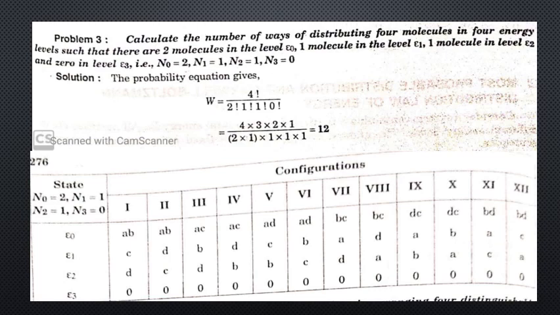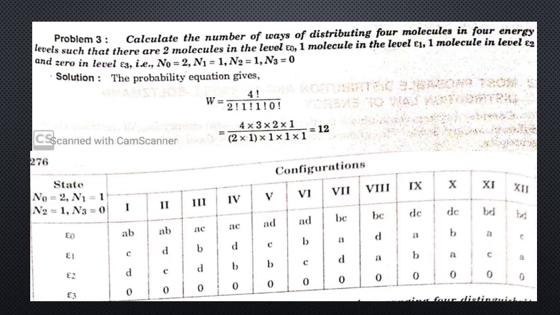We can solve this problem similarly to the previous one. The only difference is that there are 2 molecules in level E0 and 0 molecules in level E3. Putting in the values, we get the answer as 12. Here there are 12 ways of distributing the 4 molecules as required in the problem.